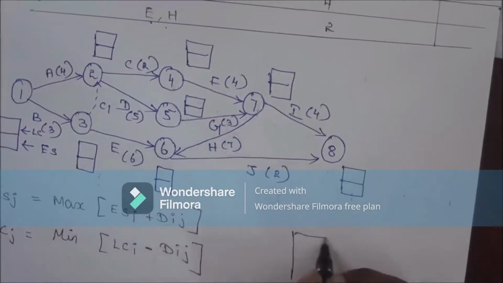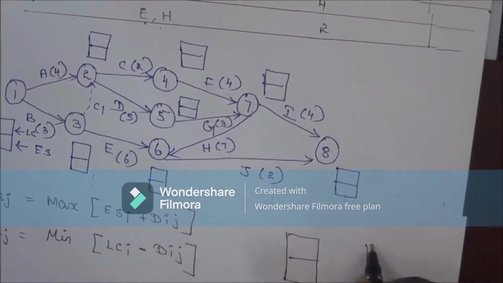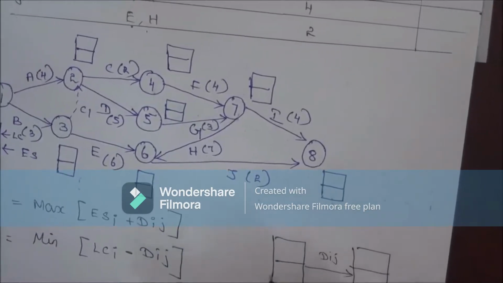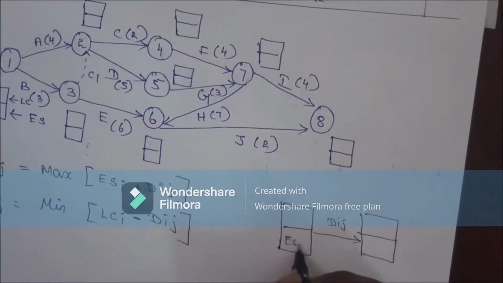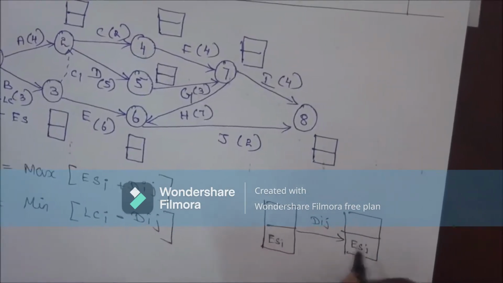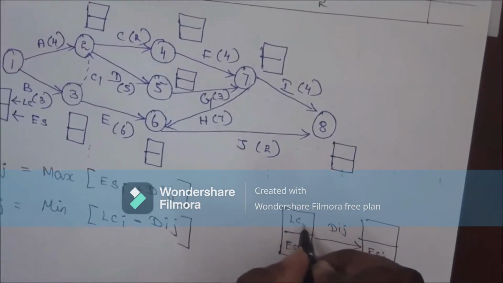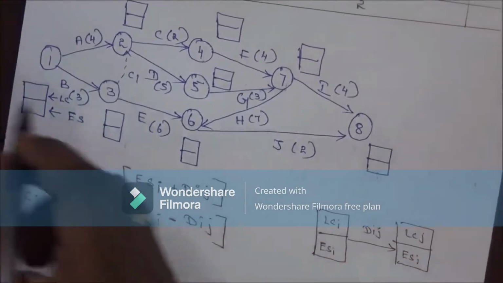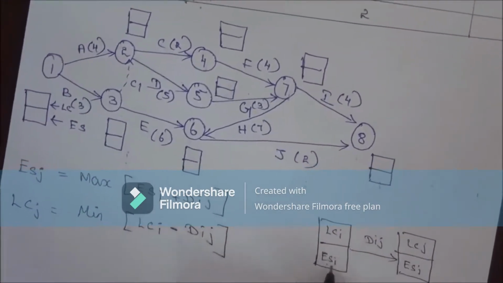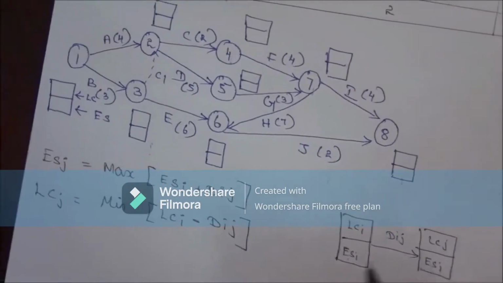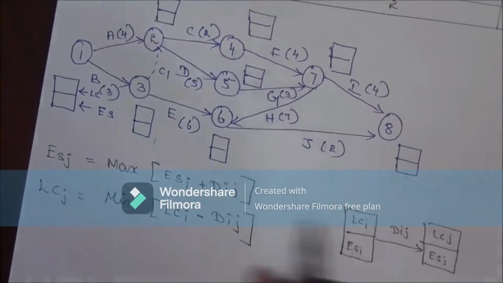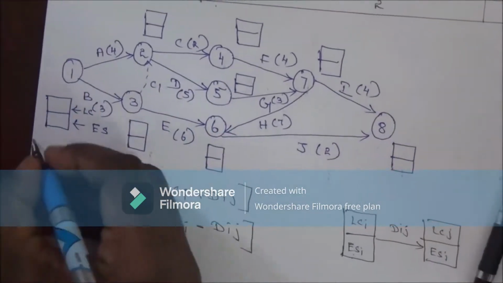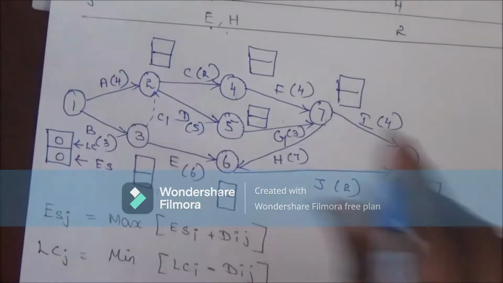So consider this as an activity: this is DIJ, this is ESI, this is ESJ, LCI and LCJ. We have to calculate the earliest start time and latest completion time using this formula. First, for each starting activity the initial value will be 0.